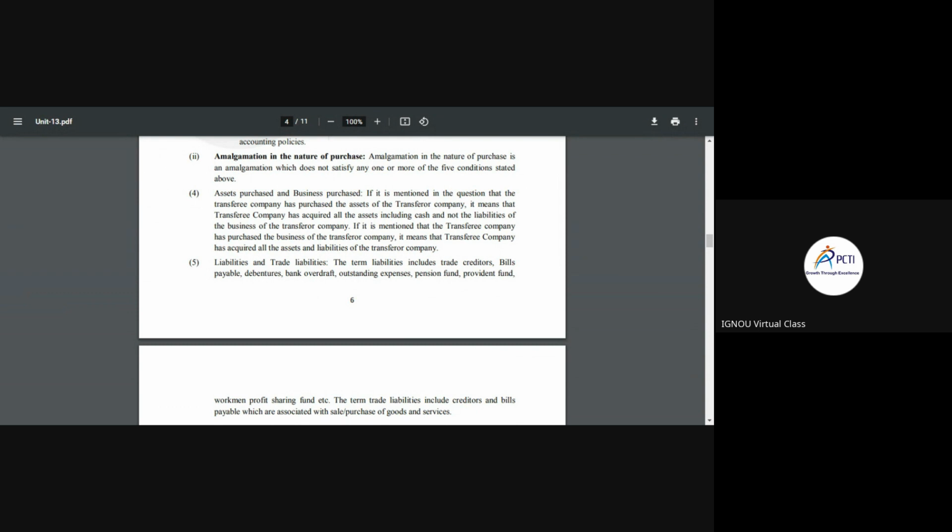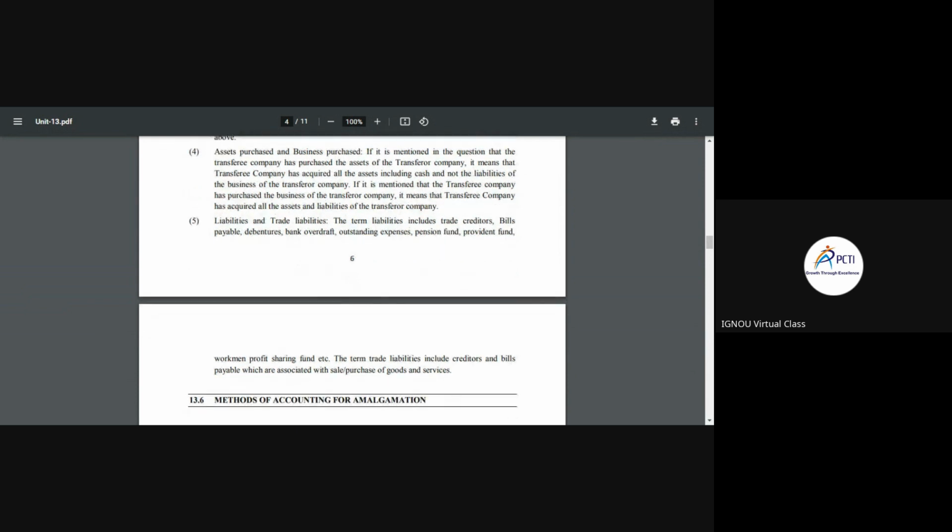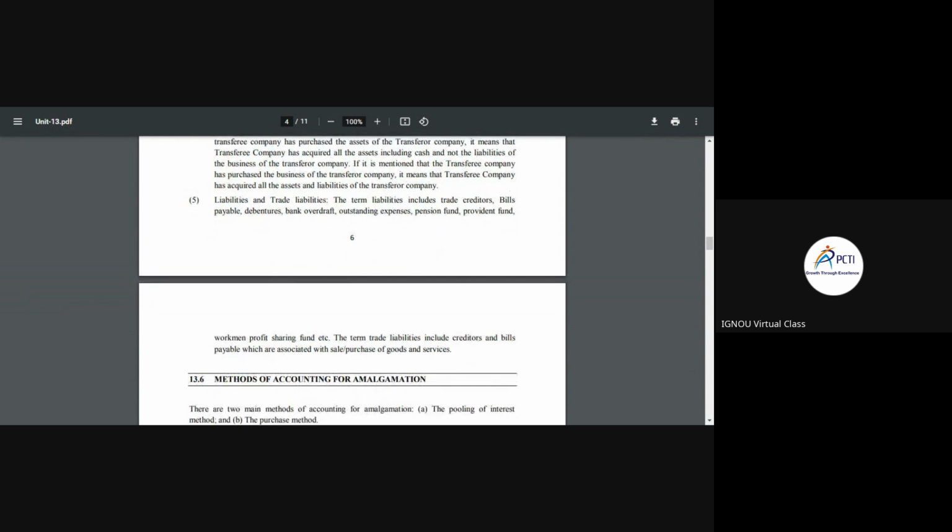And if it is mentioned that the transferee company has purchased the business of the transferor company, it means that the transferee company has acquired all the assets and liabilities of the transferor company. Next one is the liability and trade liabilities. The term liability includes trade creditors, bills payable, debentures, bank overdraft, outstanding expenses, pension fund, provident fund, workmen profit sharing fund.